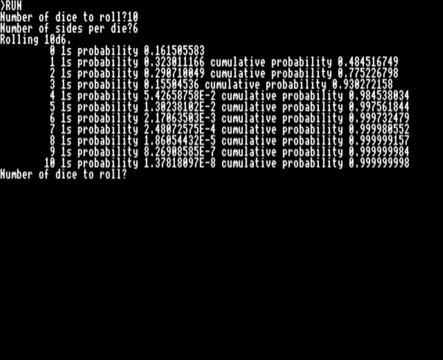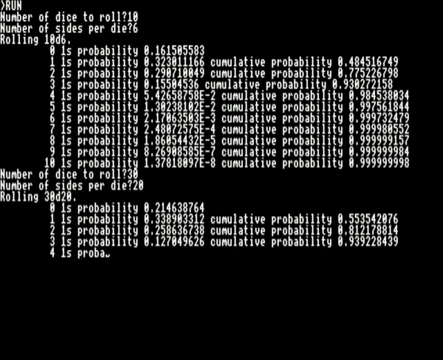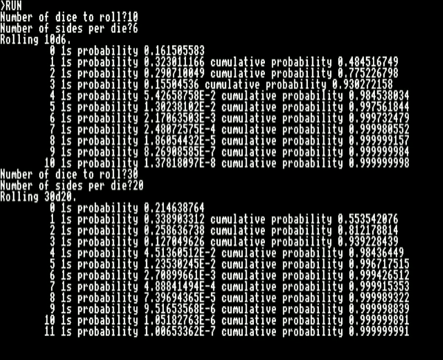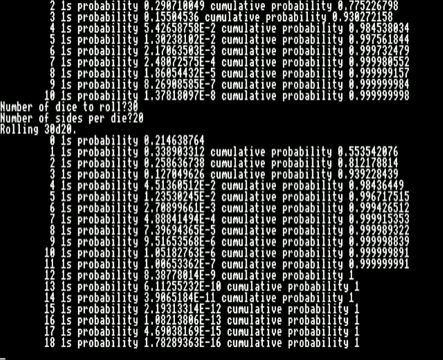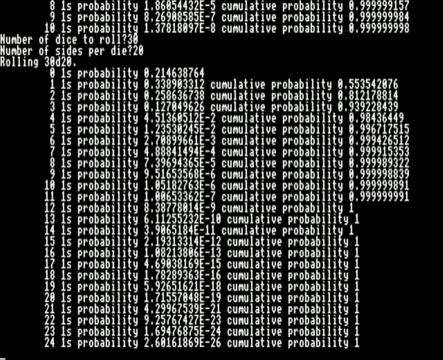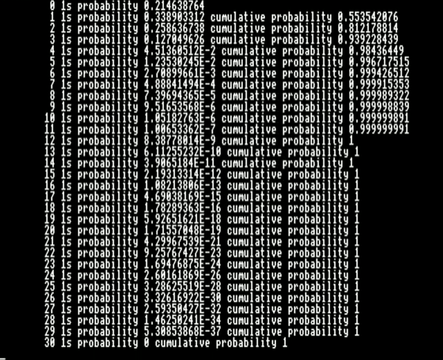Maybe not a bigger difference there, but when I roll 30d20, there, 4 1s is already less than 5% probability. That's really annoying. But the actual cumulative probability, it's more than 5%.